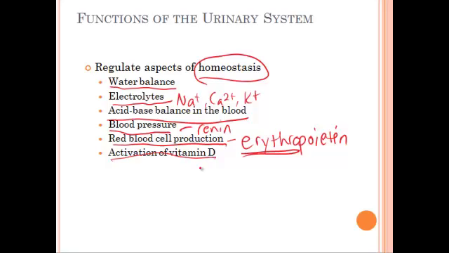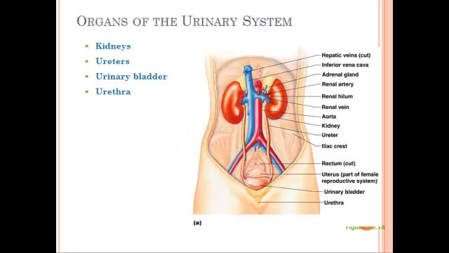The urinary system, or the kidney, is mainly an organ of homeostasis, but it's also able to remove some waste from the body. So let's look at where the kidneys are located in the body. The urinary system is a pretty simple system. There's not very many parts to it. First of all, we have our kidneys, which you're familiar with.